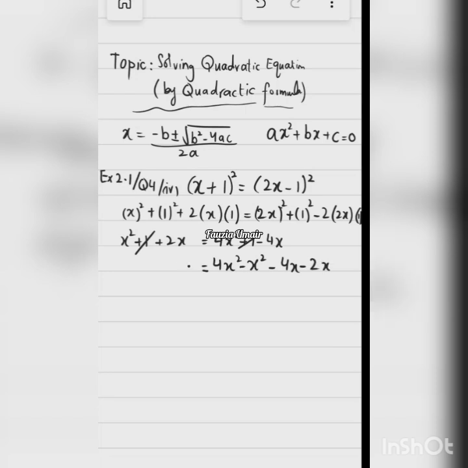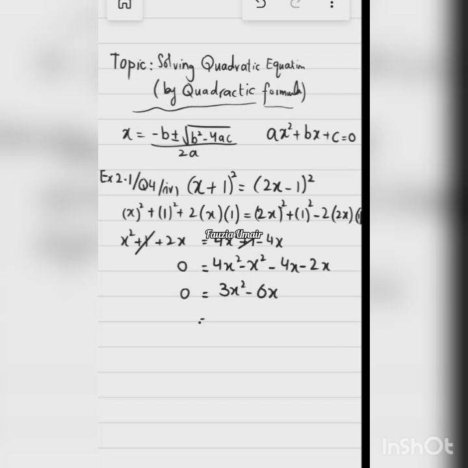And what is left here is 0 now. We are basically changing it into the standard form. On one side of the equation, there should be a 0. So now 4x square minus x square is 3x square, and minus 4 minus 2 is minus 6x is equal to 0.